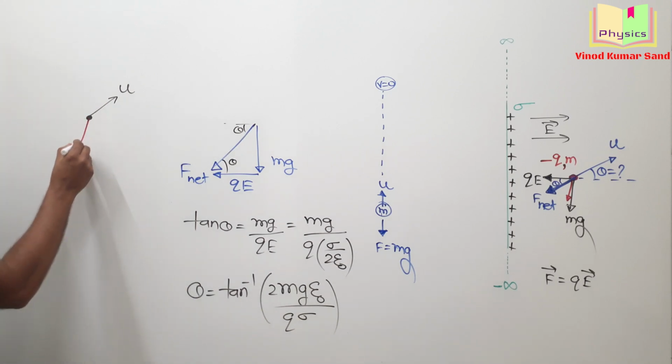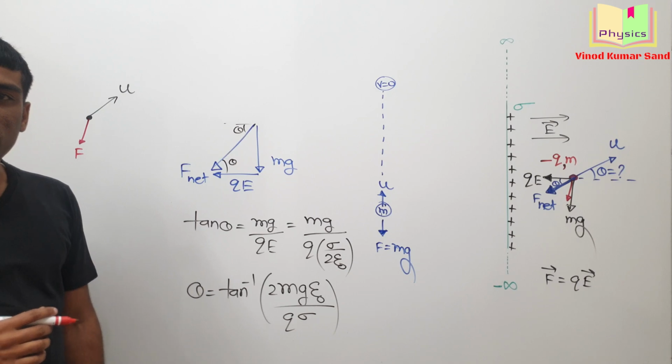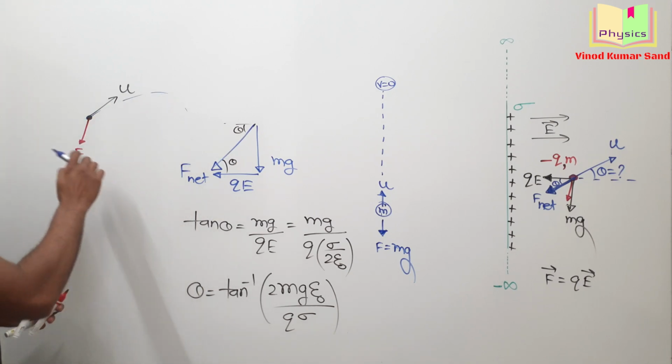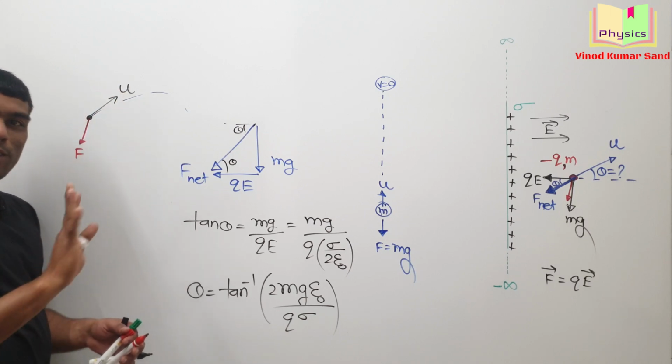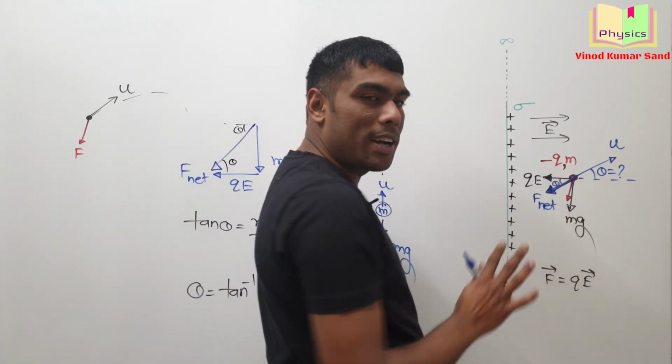So if this is the force on the particle, how will be the path of the particle? Obviously it will be parabolic. If it is parabolic trajectory, will it ever return back to its initial projection point? Not possible.